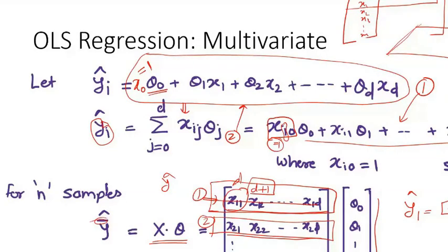If you take the second row, row number 2, and again multiply with theta, it will give you y2 cap. Like that, if you multiply this matrix with this theta vector, you will get all the estimated y's. I will take this derivation in the next class.